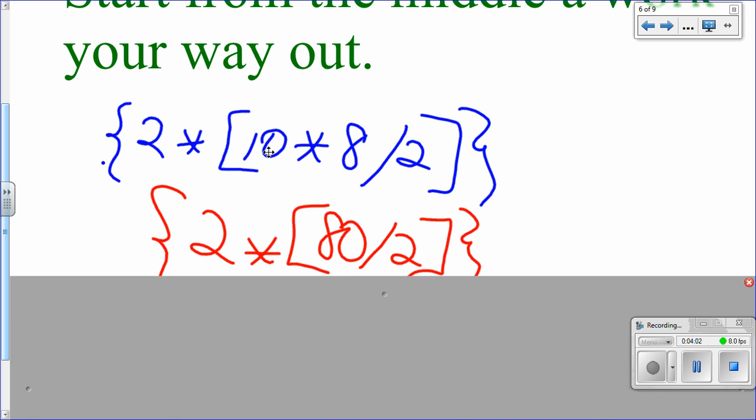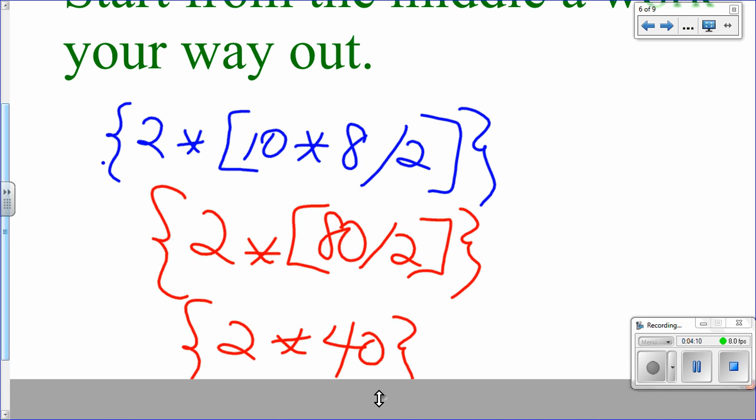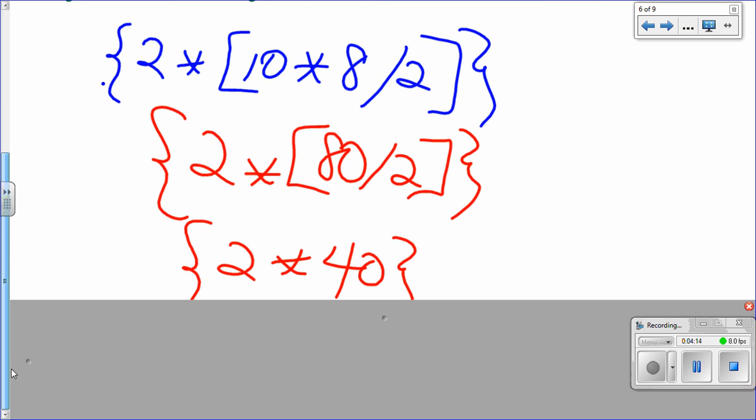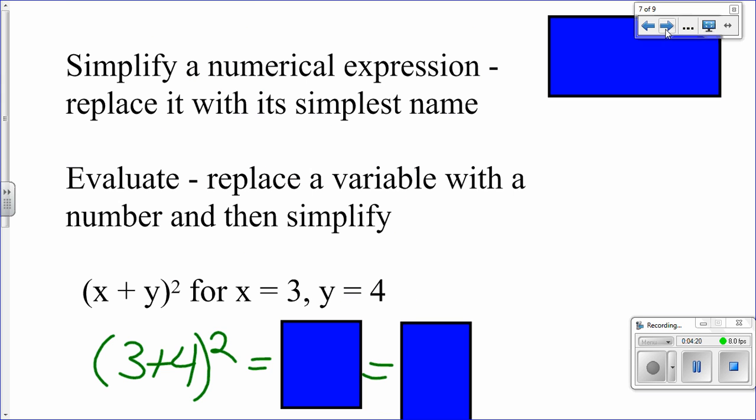We're then going to work inside the brackets. 10 times 8 becomes 80. Our next step would be to divide by 2. And then finally, 2 times 40. Your answer should be 80. Step by step.